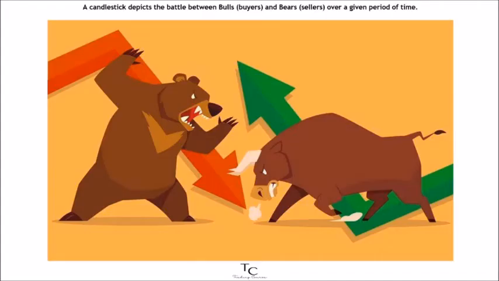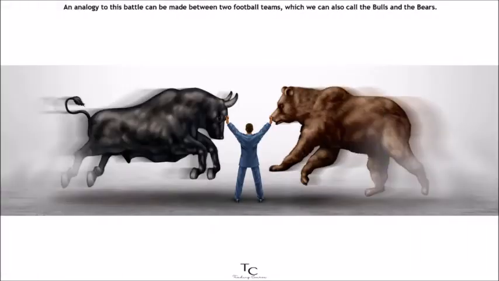A candlestick depicts the battle between bulls, buyers, and bears, sellers, over a given period of time. An analogy to this battle can be made between two football teams, which we can also call the bulls and the bears.